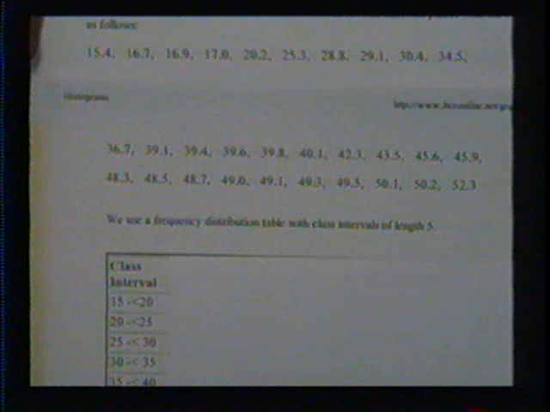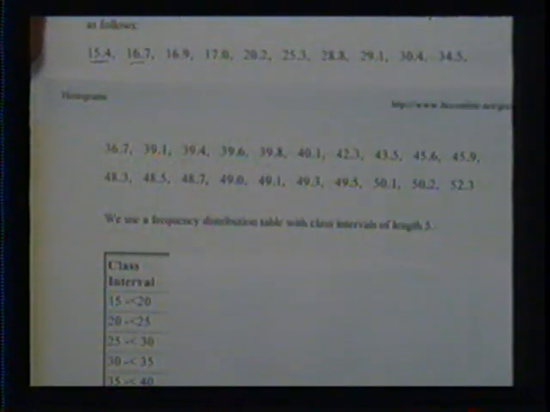You can see these different values, right? There's 15.4, 16.7. So now you need to measure how many values are there which are greater than or equal to 15 but less than 20. So you have this one value over here, 15.4, correct?